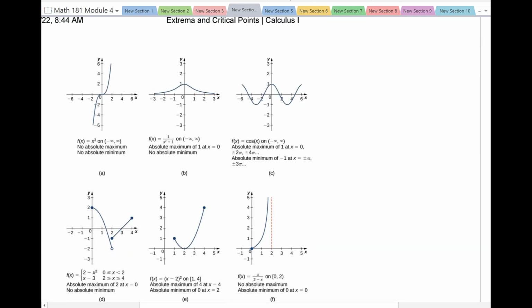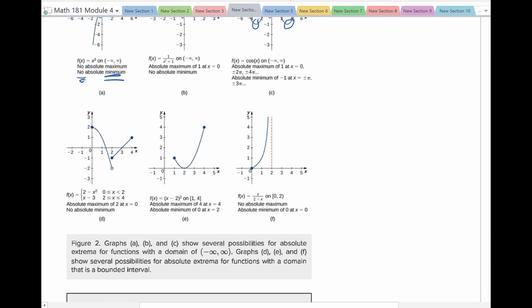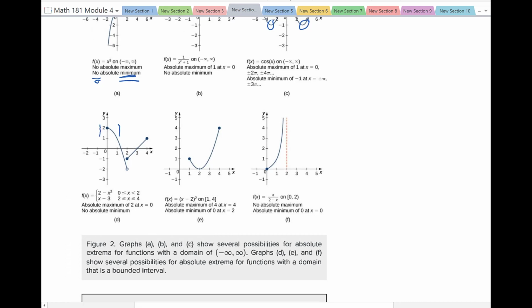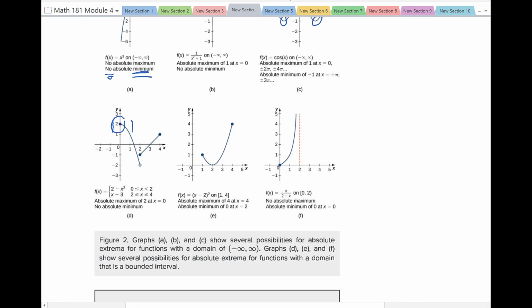So we see some cases here. This first case, you don't see any max or min. In the second case, we see this rise here, so you have a maximum. And then you have here and here and here. You have absolute max and absolute minimum in that one. For this next one, you would have an absolute maximum up here at x equals 0.